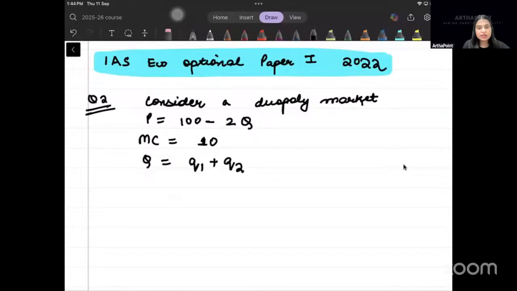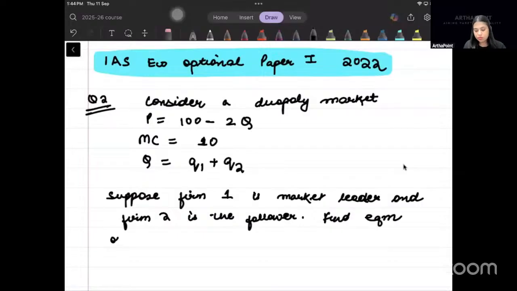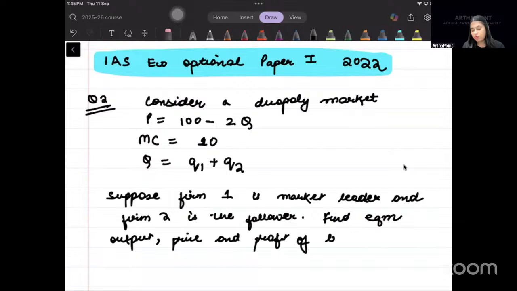It says suppose firm 1 is the market leader and firm 2 is the follower. Find equilibrium output, price and profit of both firms.